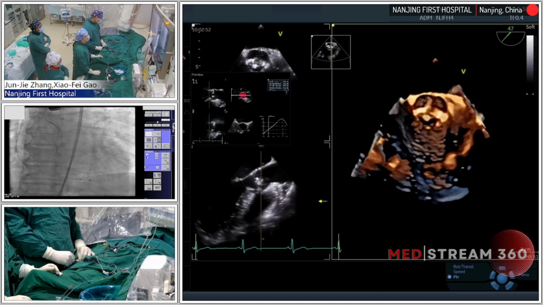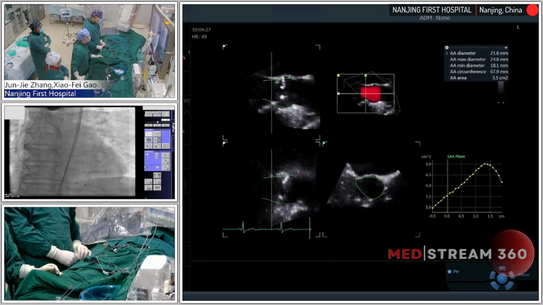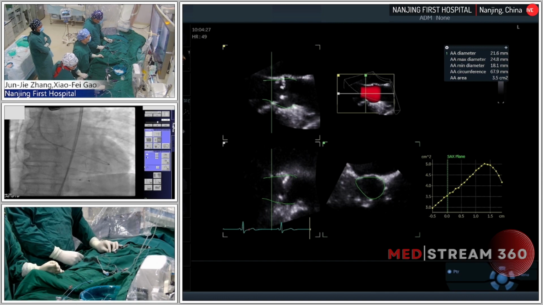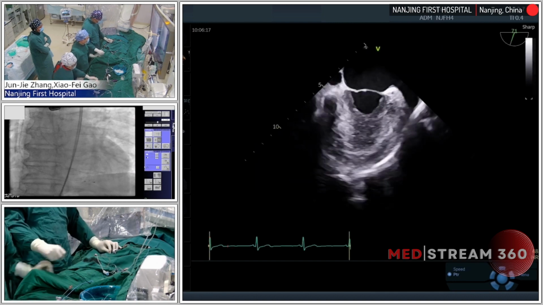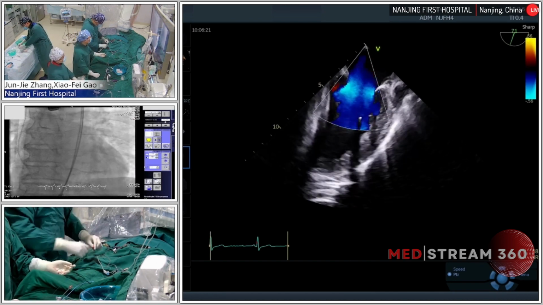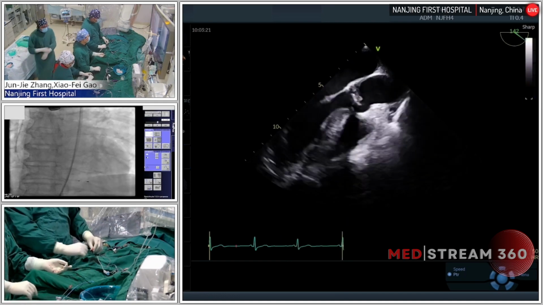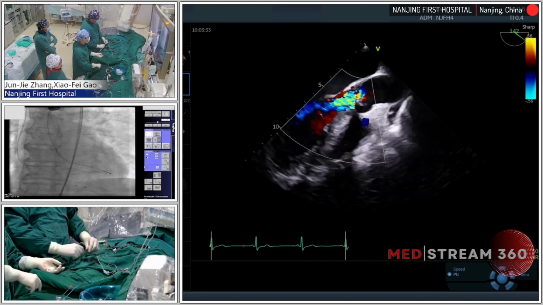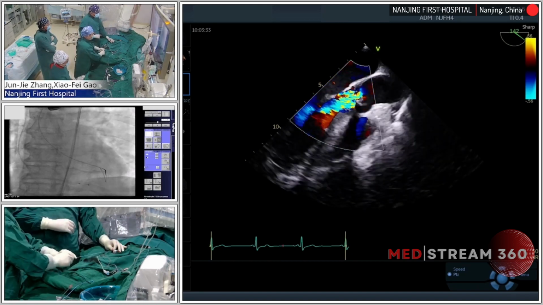We also calculated the annular area, which is about 3.5 square centimeters, and the area function is quite preserved. But from the long axis view of the valve, we can also see there is at least moderate to severe aortic valve regurgitation.